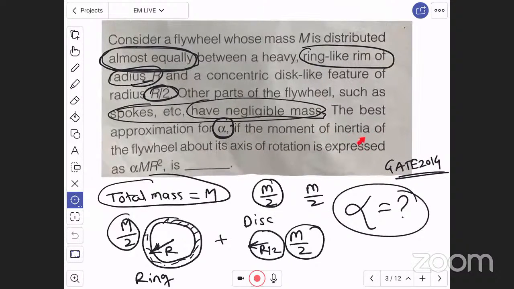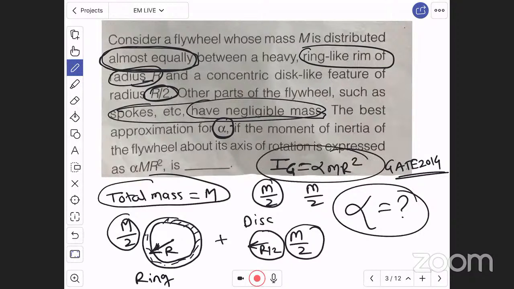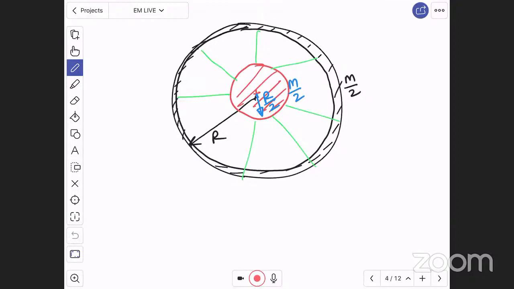If the moment of inertia of the flywheel about its axis of rotation is expressed as alpha M r square, that is, I about the axis of rotation, about the centroid G, is I_G equals alpha M r square, where M is capital M, then what is the value of alpha? This is the question.